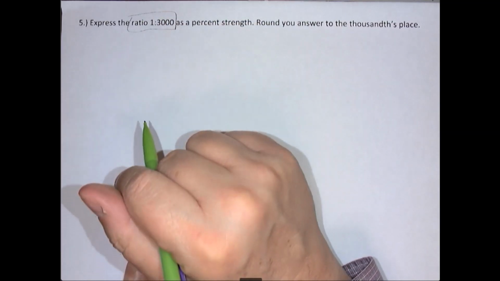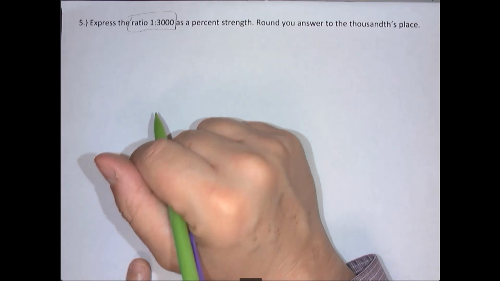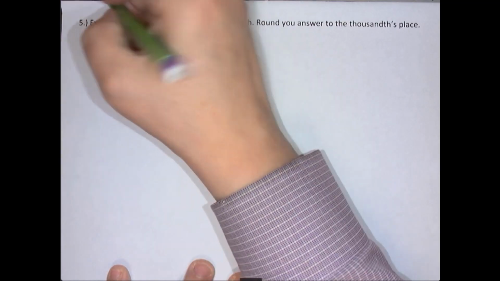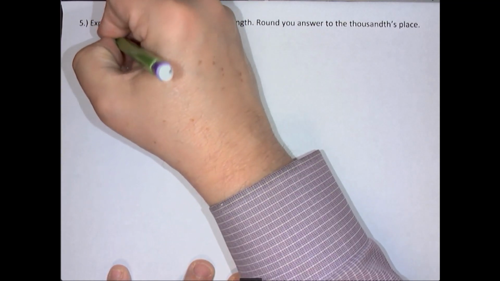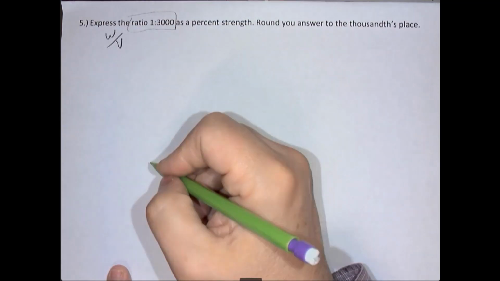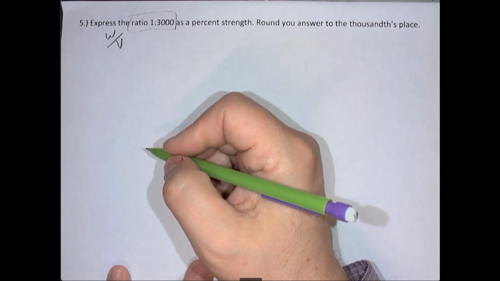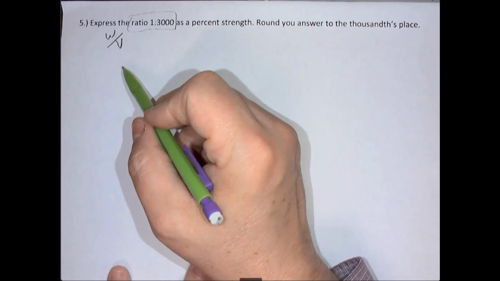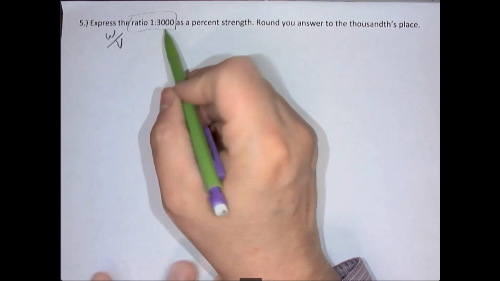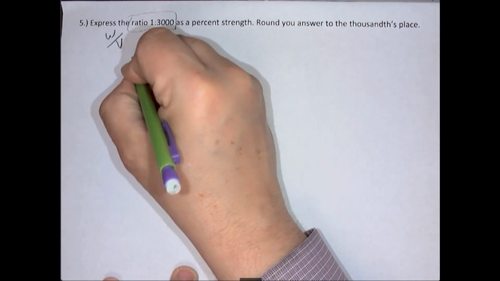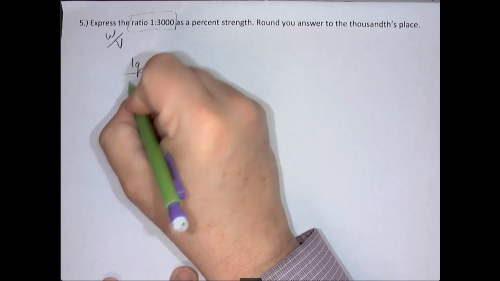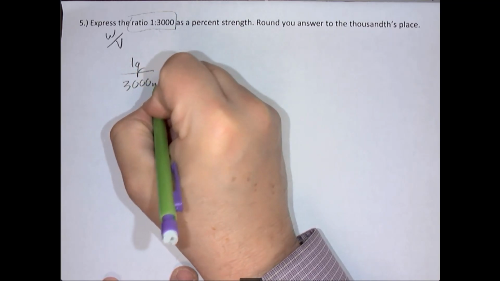So for example, if we were told that this is a weight to volume concentration, and our answer will not change regardless of what type of concentration it is, but this was a weight to volume concentration. What this really would mean would be 1 gram for every 3,000 milliliters.